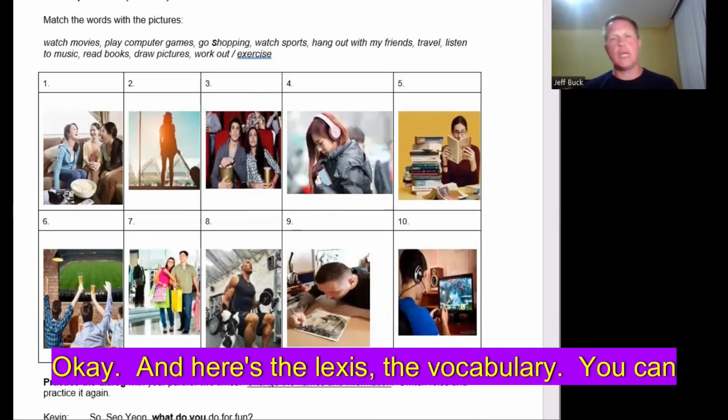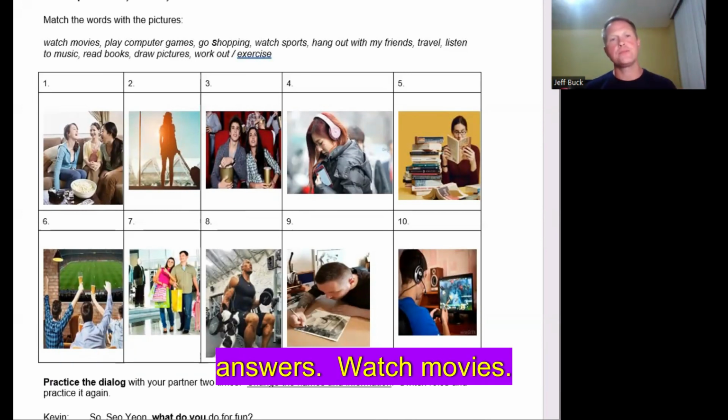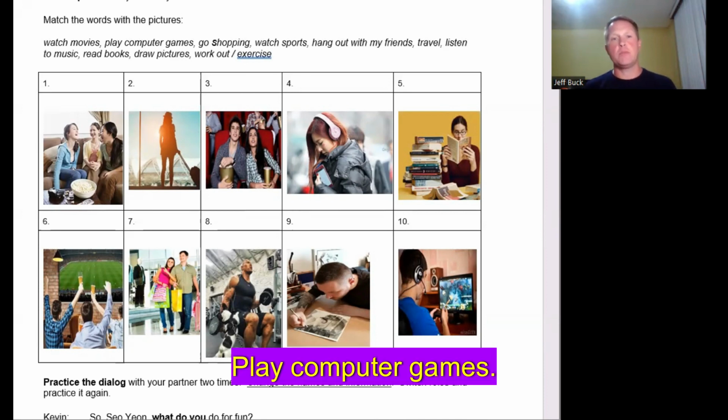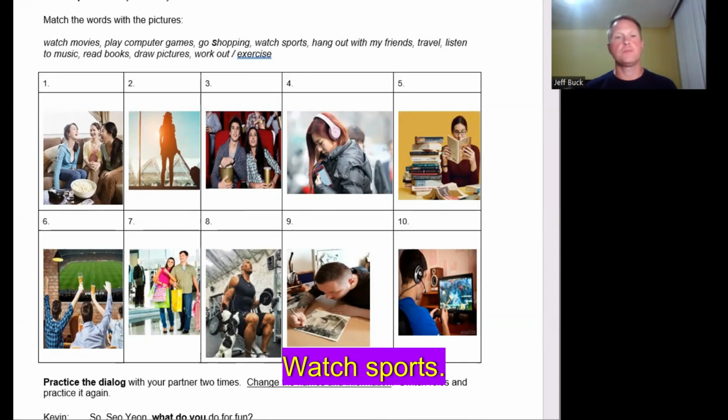And here's the lexis, the vocabulary. You can listen and repeat, and we'll go over the answers. Watch movies. So that's number 3. Play computer games. That's number 10. Go shopping. Number 7. Watch sports.